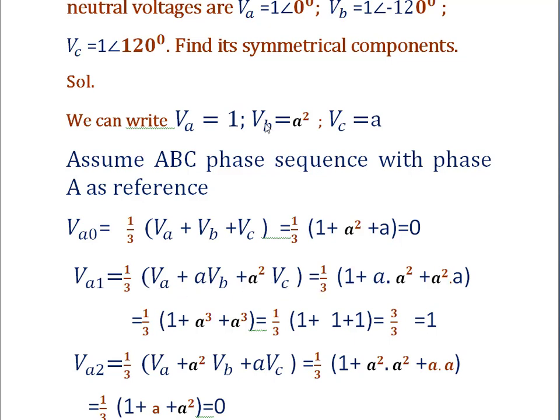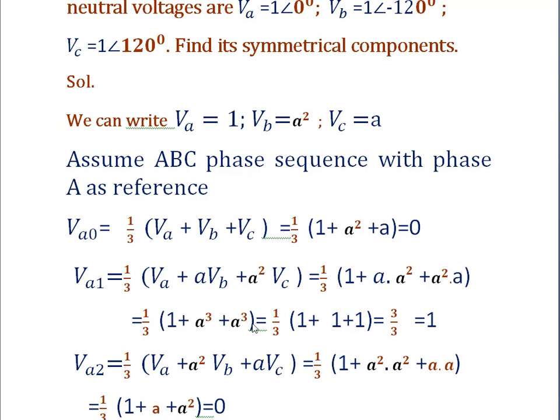Now we substitute the given values: 1/3 into (1 plus a into a square plus a square into a), which gives 1/3 into (1 plus a cube plus a cube).